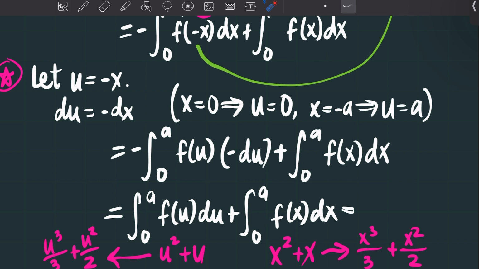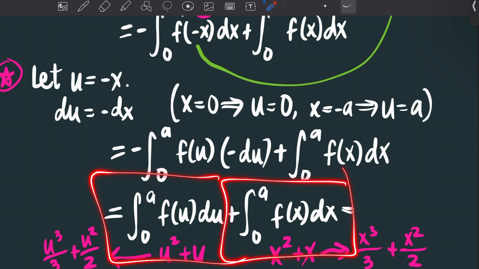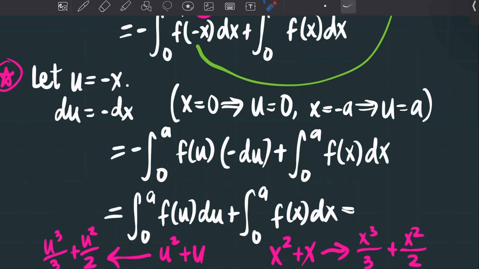Then, if i-plug natin si a dito, we get a cubed over 3 plus a squared over 2. Dito naman, a cubed over 3 plus a squared over 2. So, they're the same. If i-plug mo si 0, 0 to 0. So, they're the same. So, basically, what I'm saying, tong dalawang integrals na to, they are just the same, since ang pinagkaiba lang nila is yung letter.